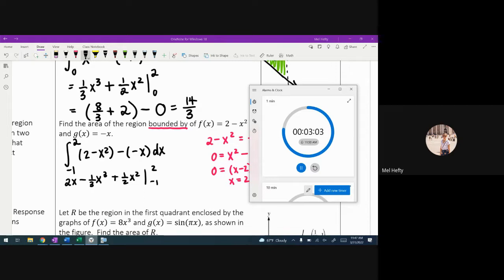Fractions, man. What does that mean? Like simplify it? Yeah. So when I say find the area, I mean a number. Because if someone asked you for an area of something and you gave them a function, they'd be a little mad.